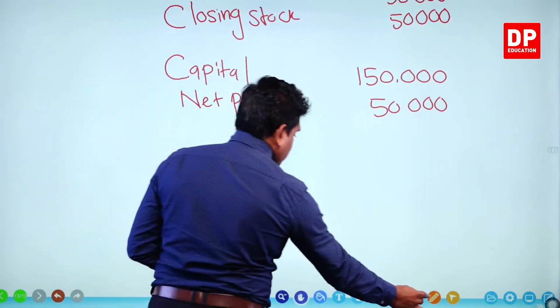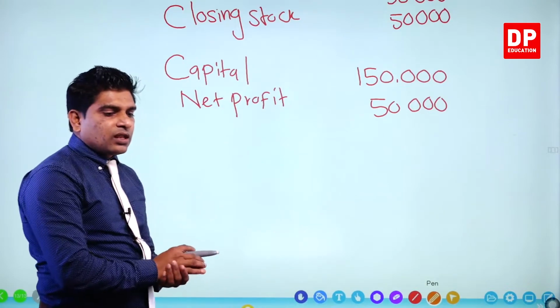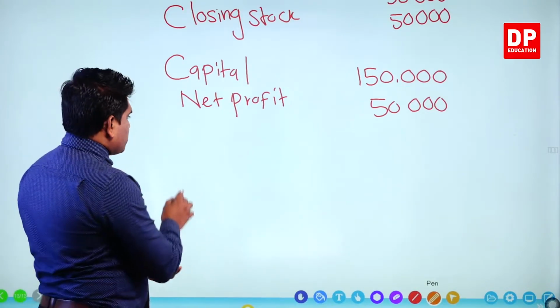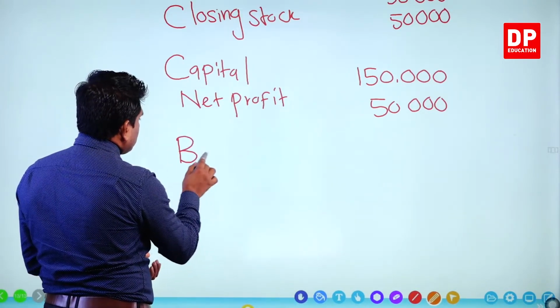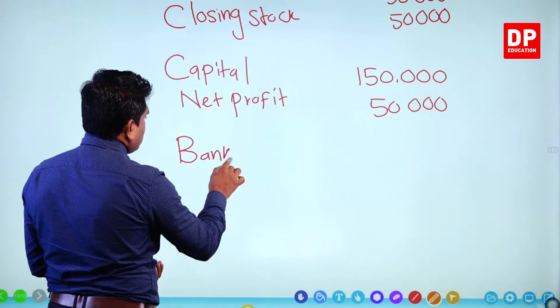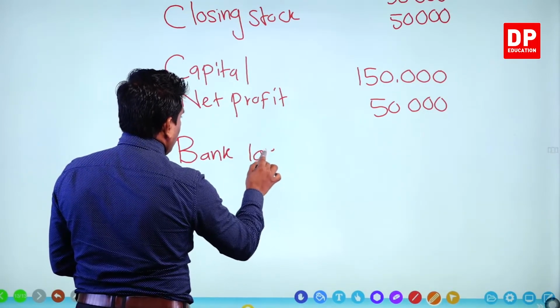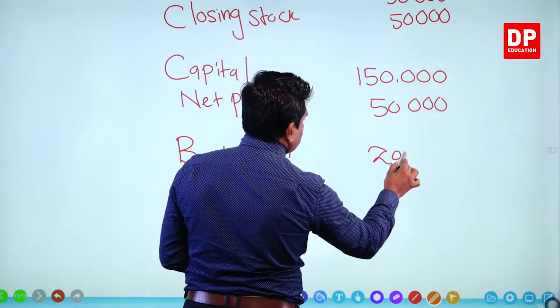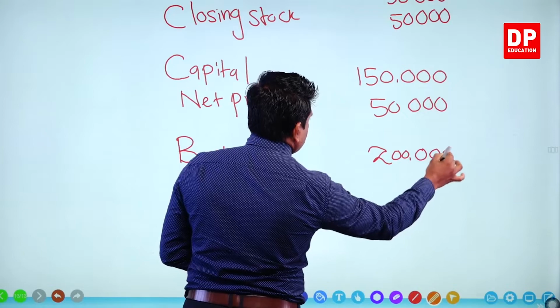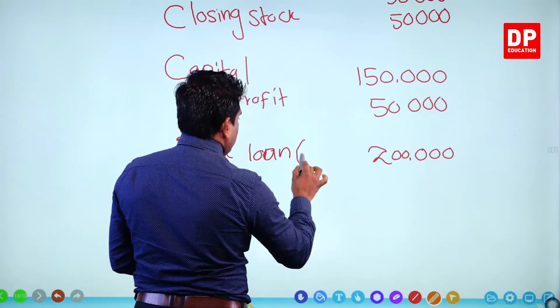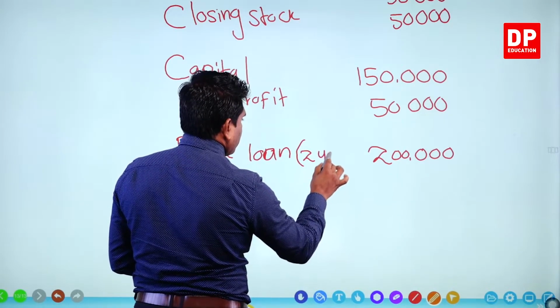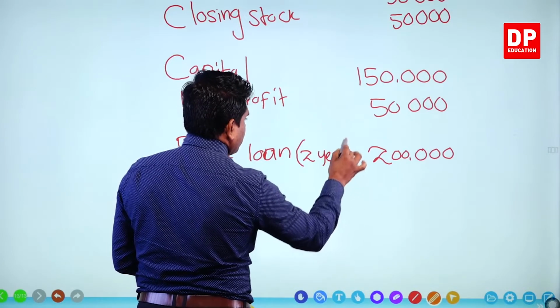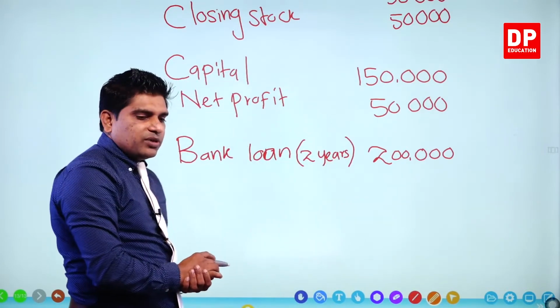Now, there are some liabilities. What are they? Bank loan 200,000. Remember, it is 2-year bank loan, right? You have to settle within 2 years. It means non-current liability.